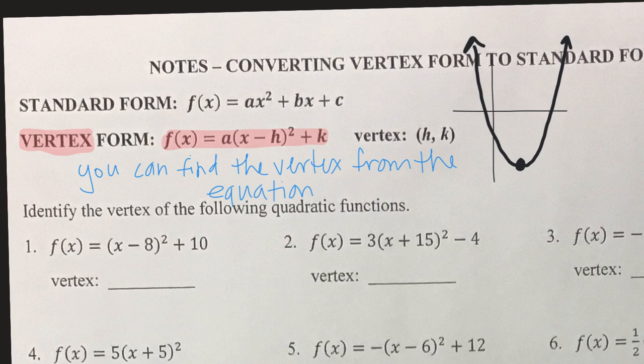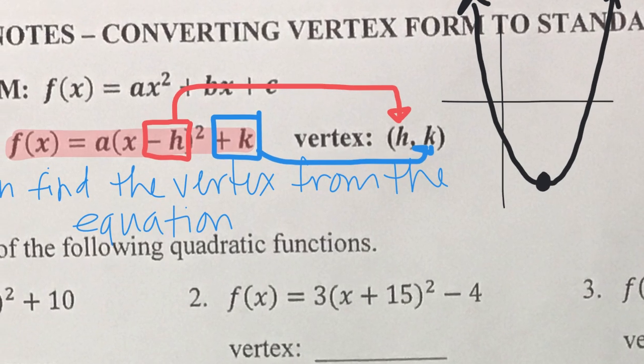So from your equation, we can directly identify the x-coordinate. The x-coordinate is inside of your parentheses with the x, and the y-coordinate is on the outside of your parentheses, away from the x. Some things to notice: in the equation, there's always a minus with your x and your h. But the value of your vertex is a positive.